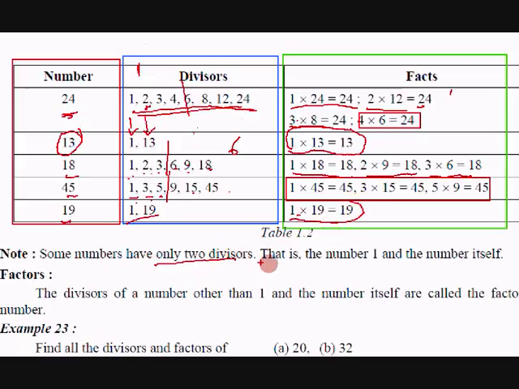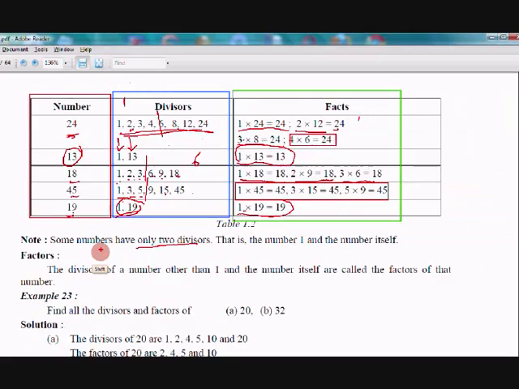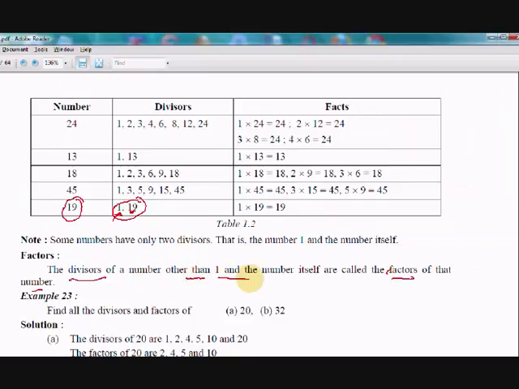Some numbers have only 2 divisors, the number 1 and the number itself, like this one, right? So, divisors of a number other than 1 and the number itself are called the factors of that number. What that means is, the number itself and 1 are not factors.